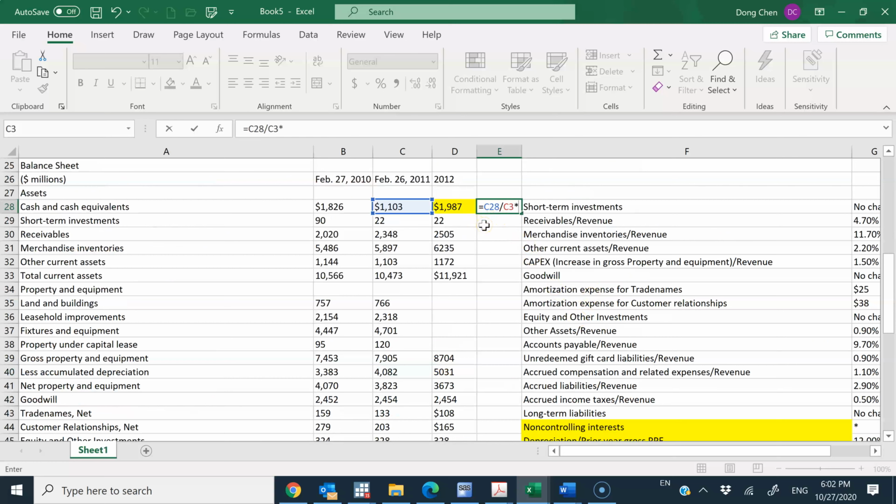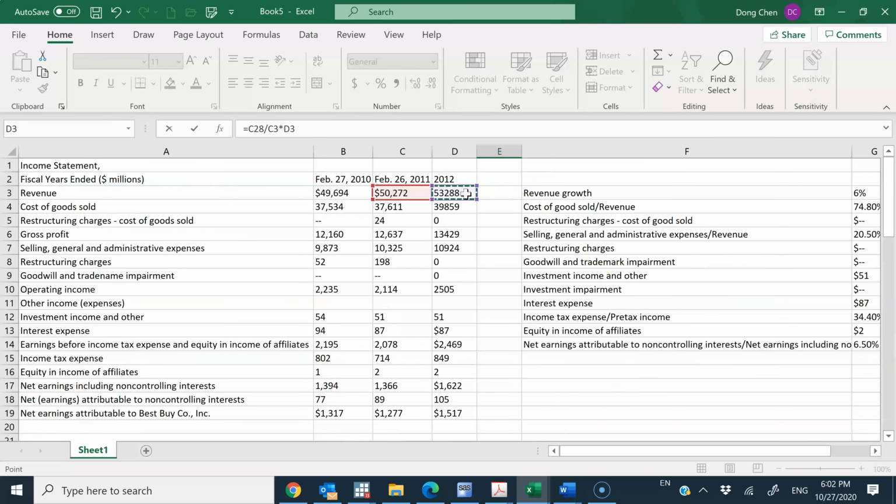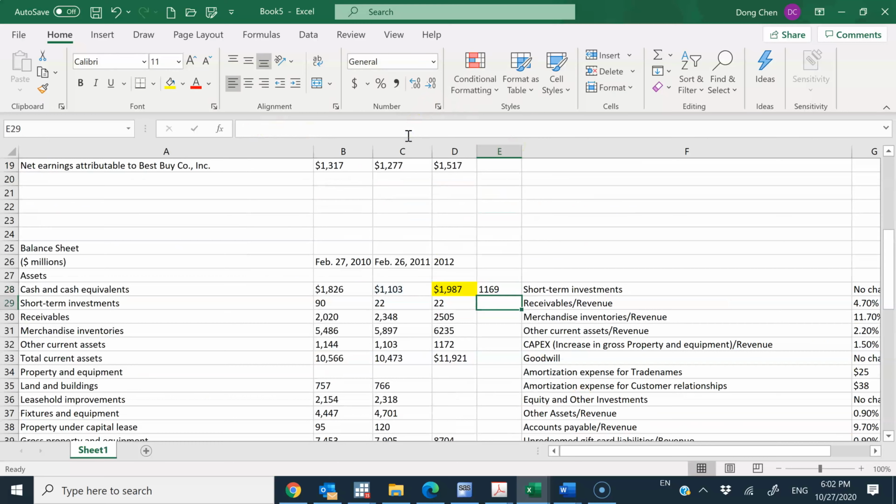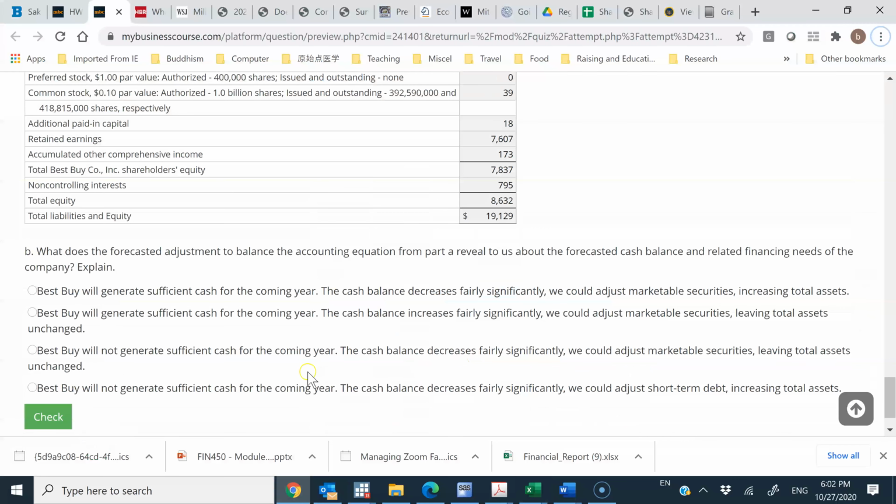So that serves as the normal percent, and then we can multiply by the new forecasted sales, and then we can round that also to no decimal place. So you can see that the forecasted cash balance is higher than what we call the normal cash balance, right? And from that information, we can see which answer actually matches that statistic.